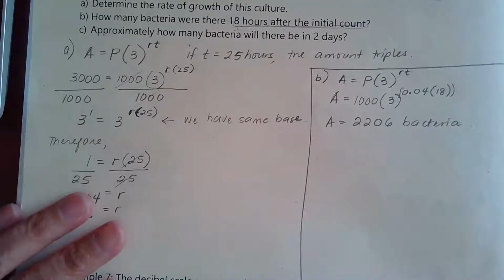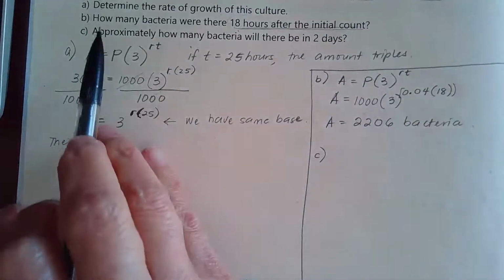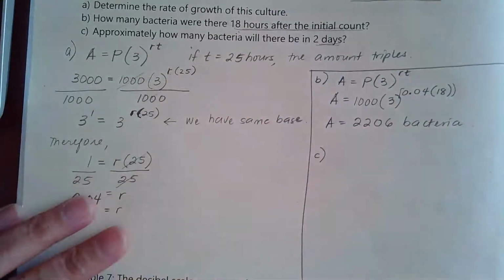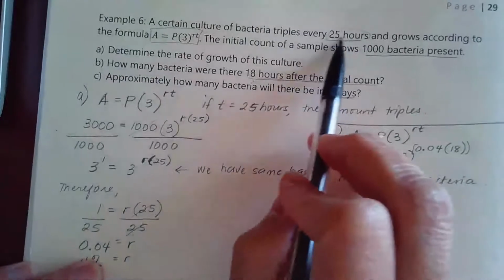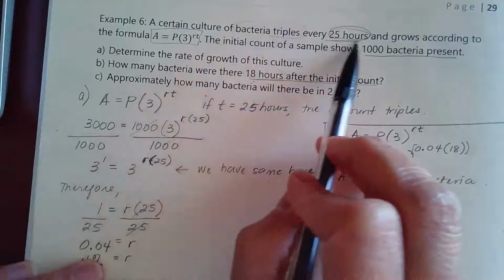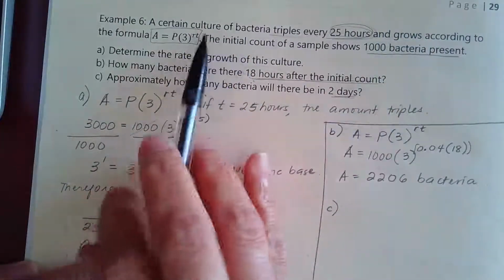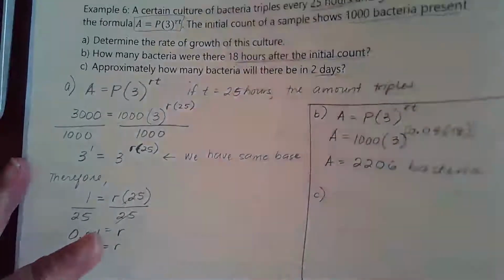Okay, so now let's go ahead and do letter C. Approximately how many bacteria will there be in 2 days? When we take a look at the formula, everything is expressed in hours: the bacteria triples every 25 hours.